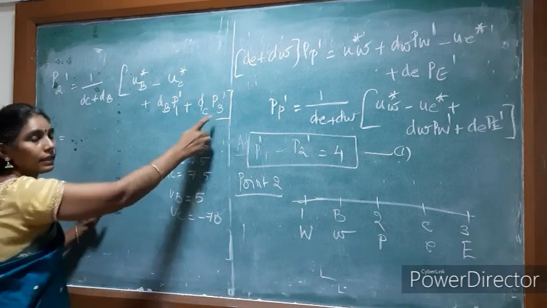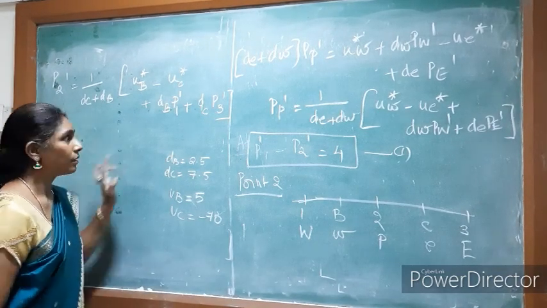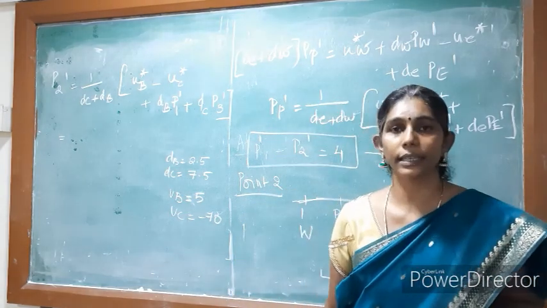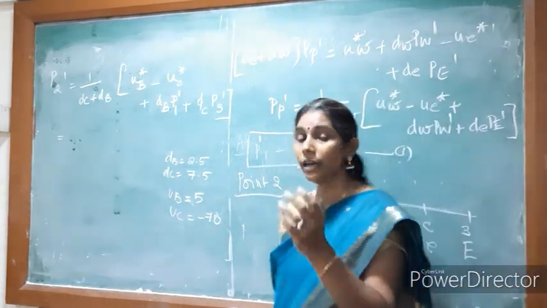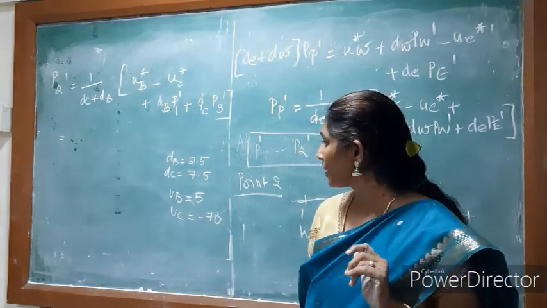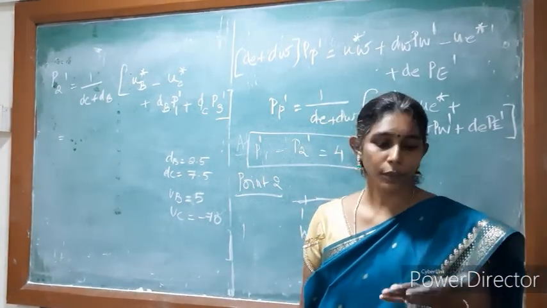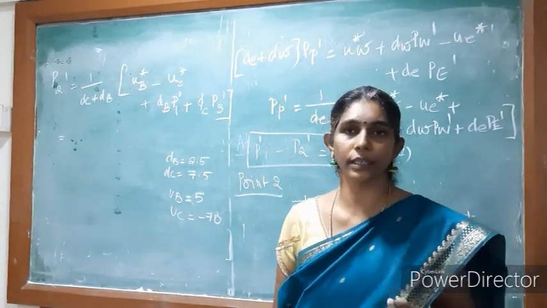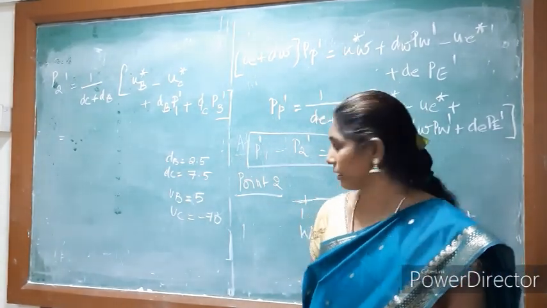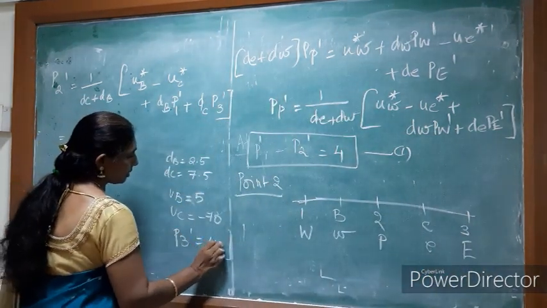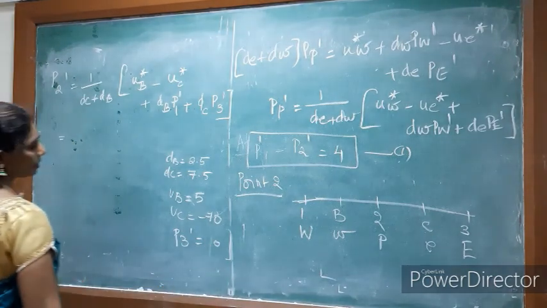And what about P3 dash? P3 dash does not exist. Why? I'll tell you the reason. Already we have the value of P3 in our question, right? It was given as 10. So the value of pressure at point 3 is given. There is no need for assumption. Only when there is an assumption you'll have to go for a correction. So here there is no correction at all, right? So P3 dash is again 0.